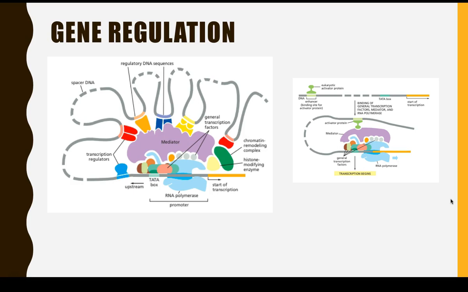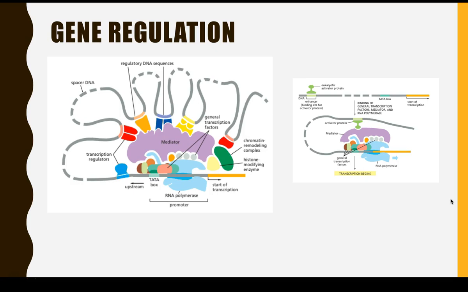Combinatorial control takes in many signals and decides whether the gene should be on or off. There are enhancers on the DNA which bind to DNA binding factors that have transcription factors attached. These transcription factors relate their message to a mediator complex that drapes over the pre-initiation complex.